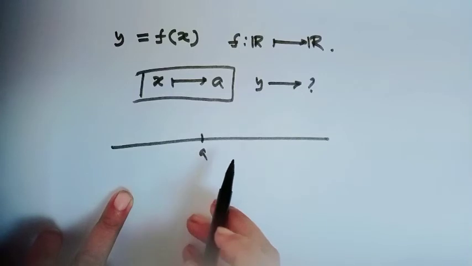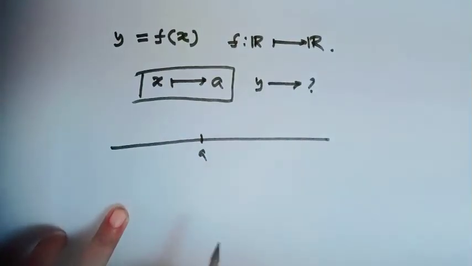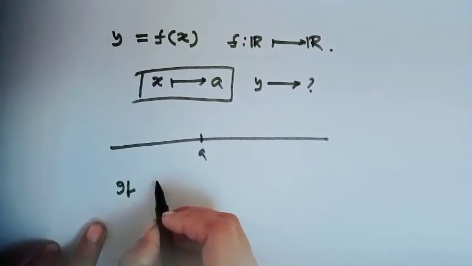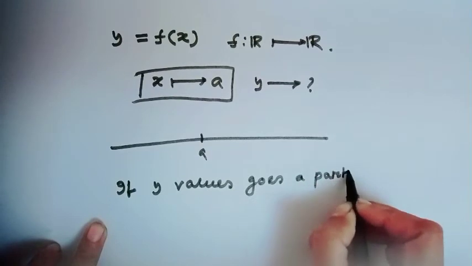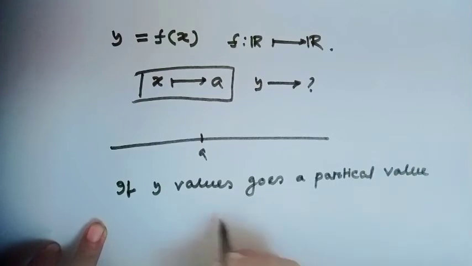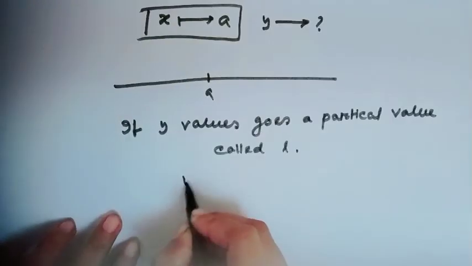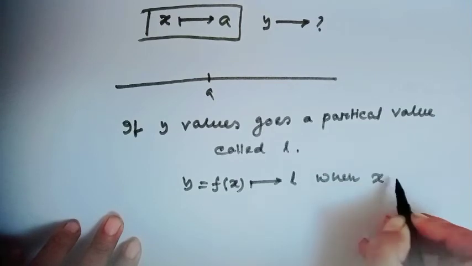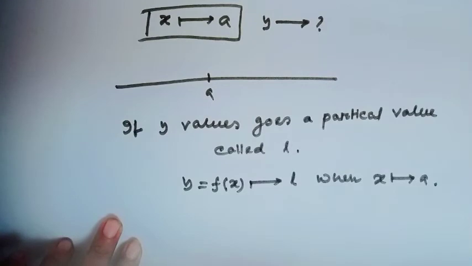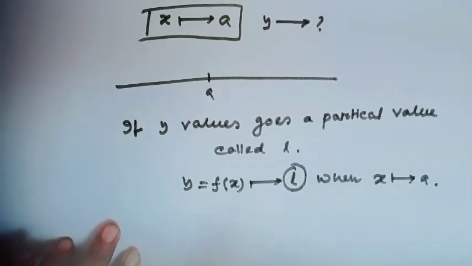Now, where does y go? If the y values go to a particular value called L, that means y equal to f(x) tends to L when x goes to a, then we can say this value L is the limit of the function.